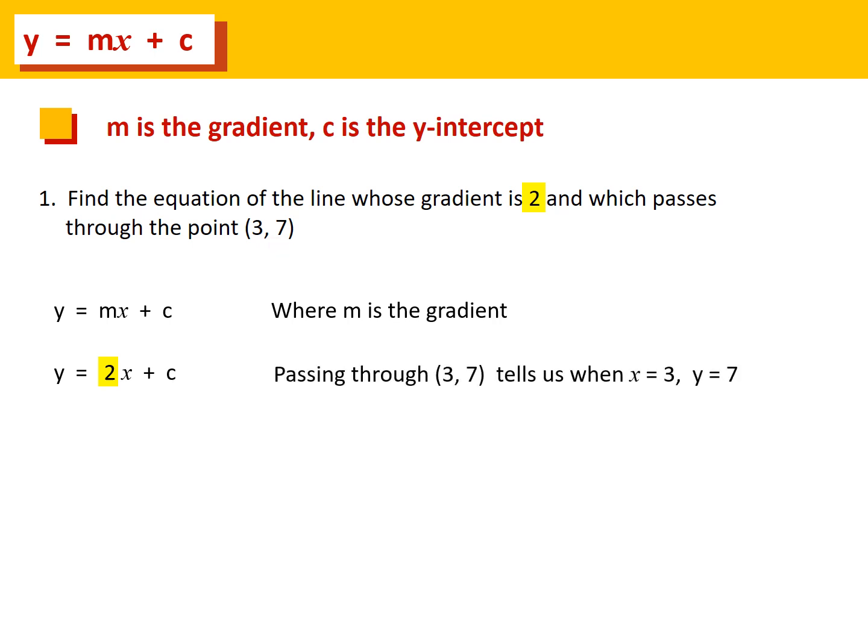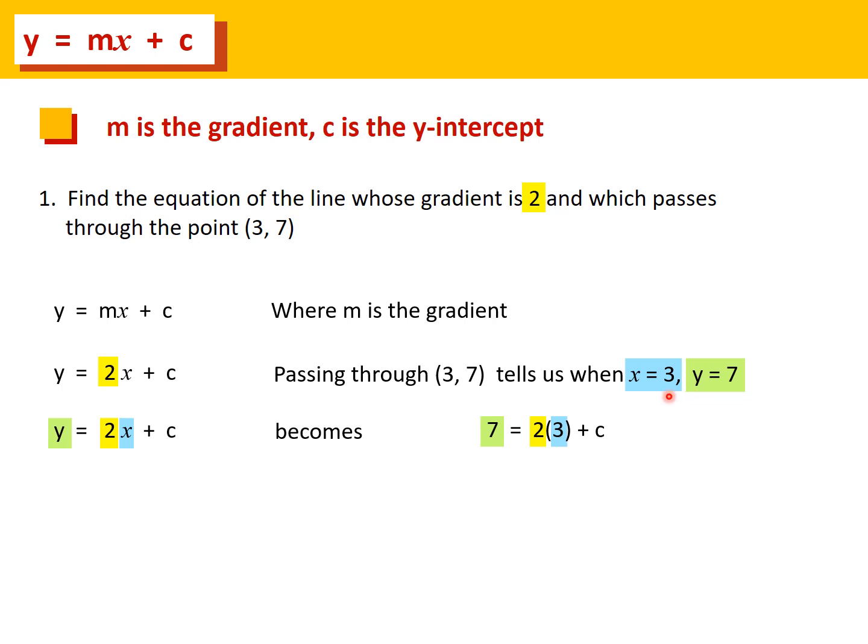Because when x is 3, y is 7 on this line. So we put the values x equals 3 and y equals 7 into our equation. Y equals 7 means in this equation that's y, so that should equal 7. And we're also told that x equals 3, so in the equation y equals 2x plus c, our x value is 3.